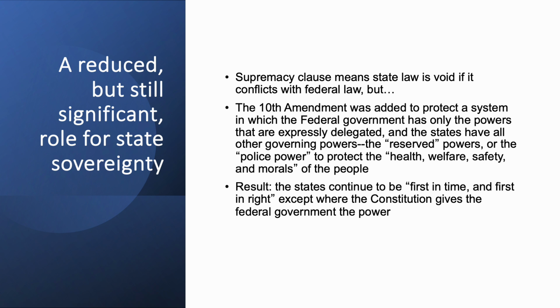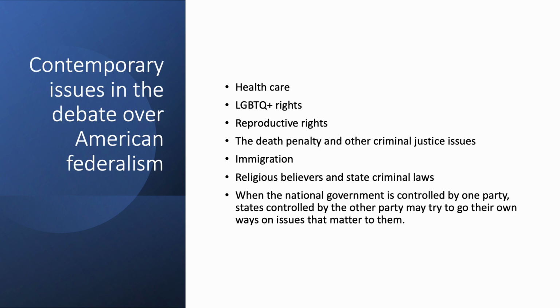So despite the fact that federal law is supreme, it's only the laws that are actually written in the Constitution, the laws that are passed legitimately by Congress pursuant to a specific authorization in the Constitution. In everything else, the states remain, as we say, first in time and first in right. So the Constitution says the federal government is supreme in its own defined realm, but outside that, the states are still the sovereign power.